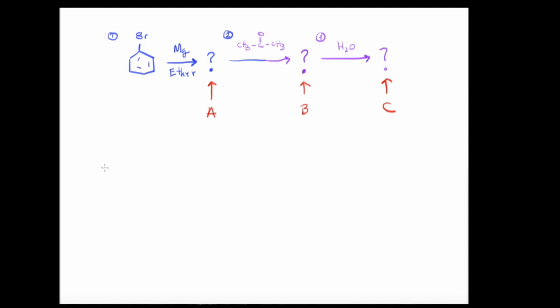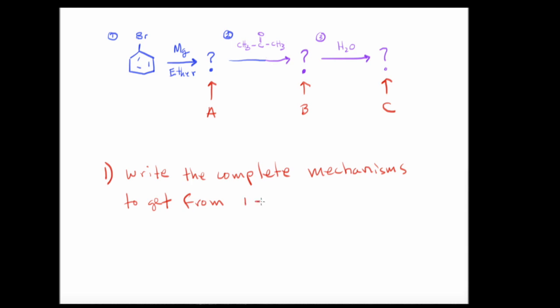So challenge number 1 will be to write the complete mechanisms to get from step number 1 through step number 3 to produce C. Okay, this is going to be done on a single piece of paper.